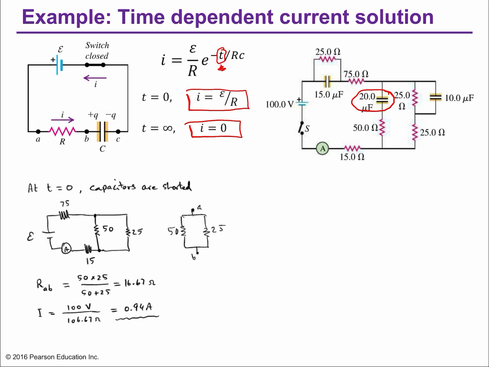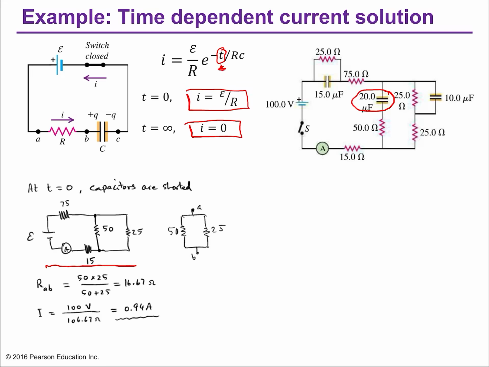But if you consider the 15 microfarad capacitor and you short that one, that means the 25 ohm resistor that is in parallel with it just disappears. The same thing applies when you short the 10 microfarad capacitor, the 25 ohm resistor disappears. And therefore, that circuit simplifies to what I've drawn here.